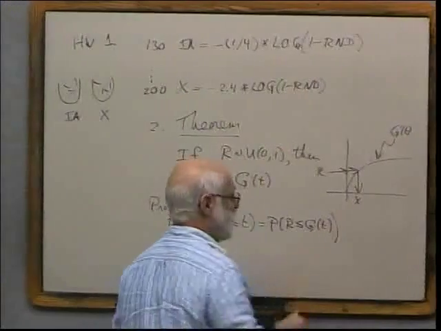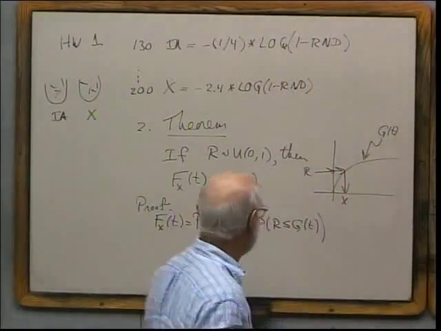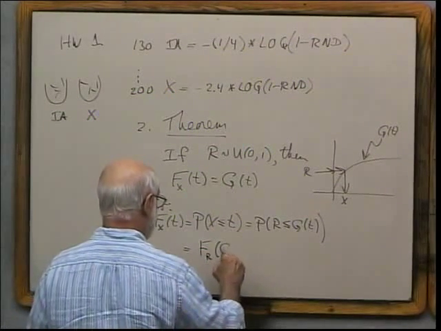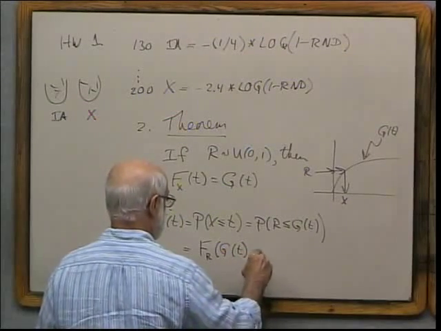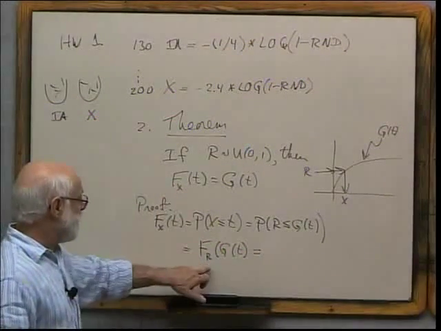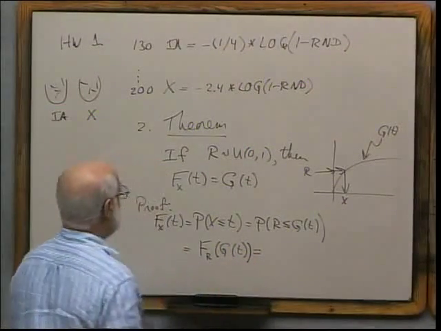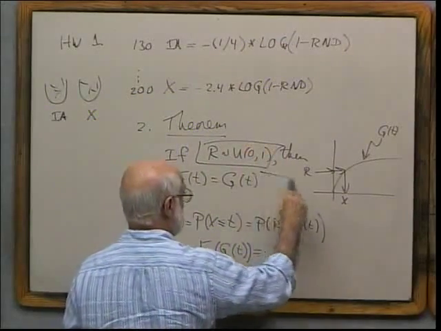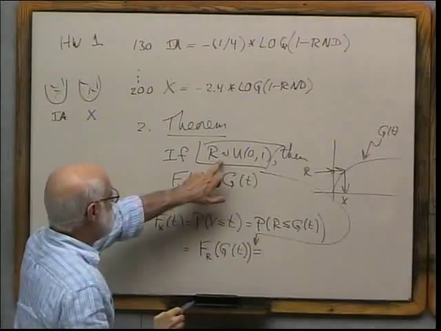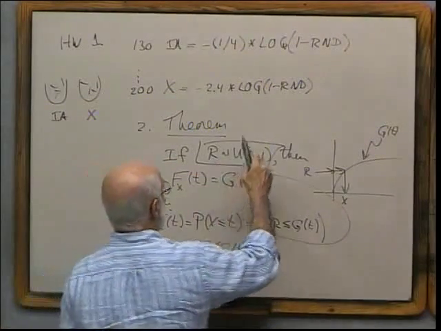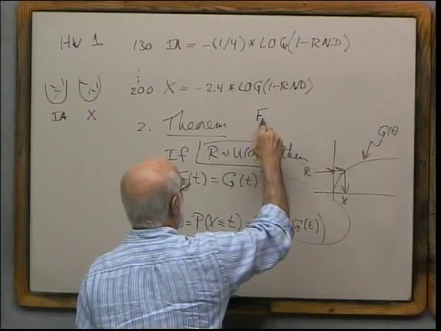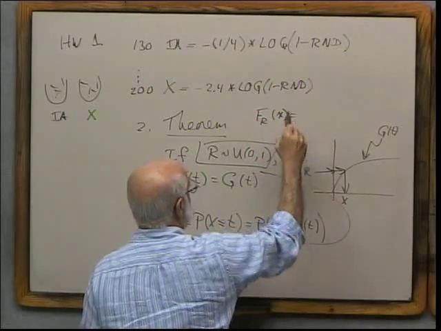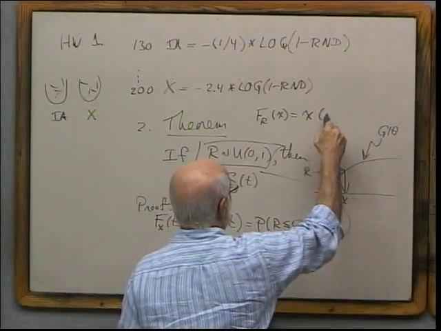Okay, that's simple enough. What is that? By definition, that's the distribution function of R evaluated at G of t. Well, that depends on what the distribution function of R is. We're assuming here that R is uniform 0, 1, so I'm going to use that assumption right here. If R is uniform 0, 1, that means that the distribution function of R at x is equal to x as long as x lies between 0 and 1.